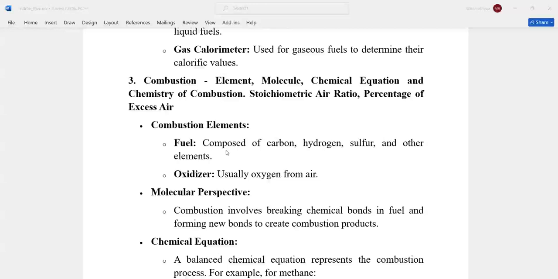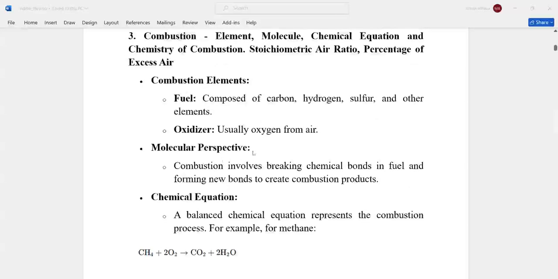And you also need an oxidizer, which is usually oxygen from air, so that in the presence of oxygen and that fuel, and then maybe heat, you get a reaction that is going to release heat, which you're going to use for different purposes.